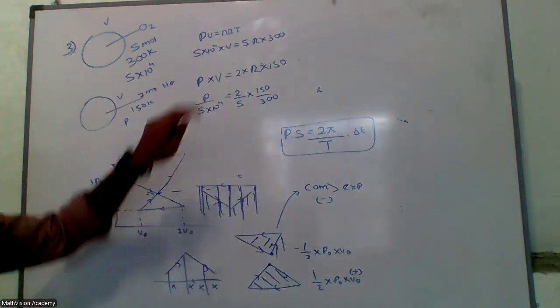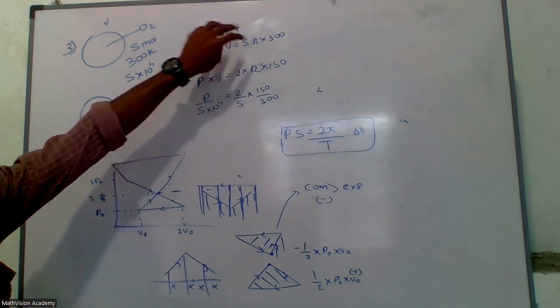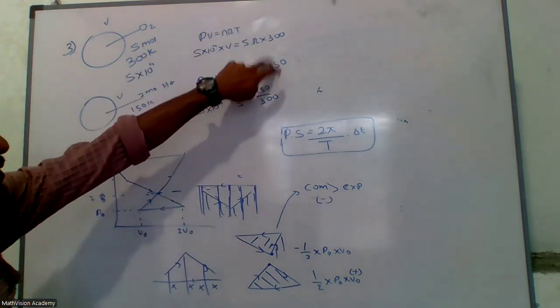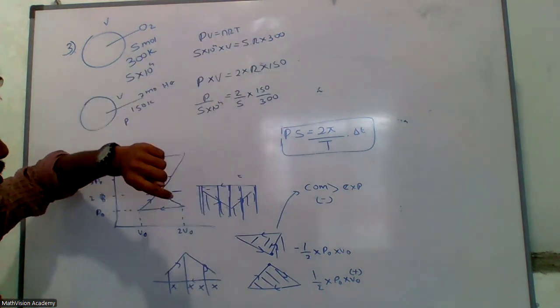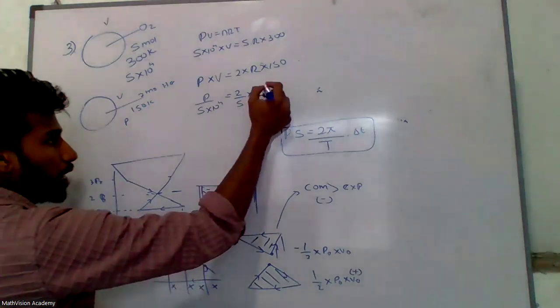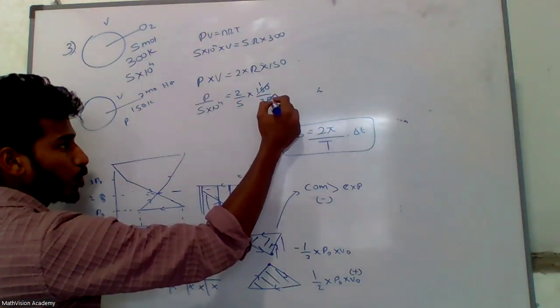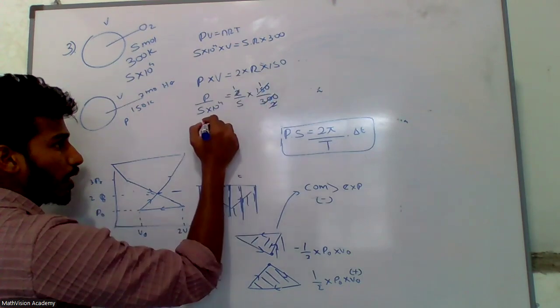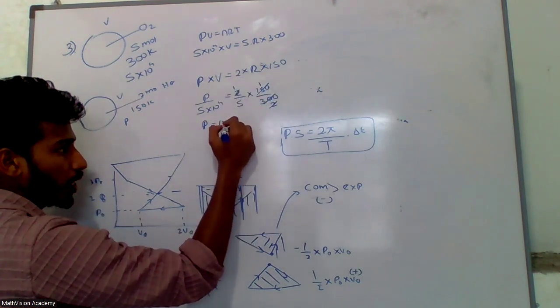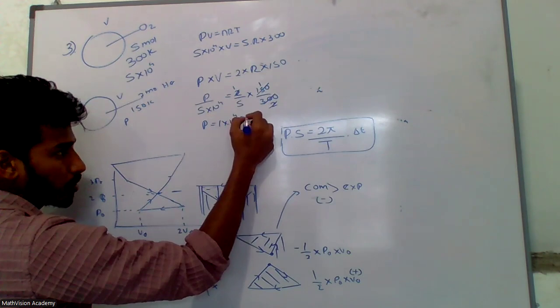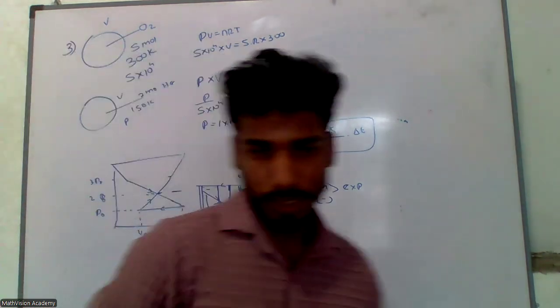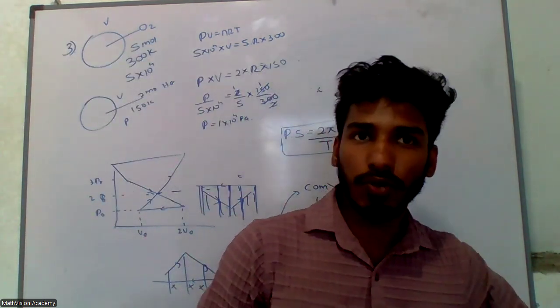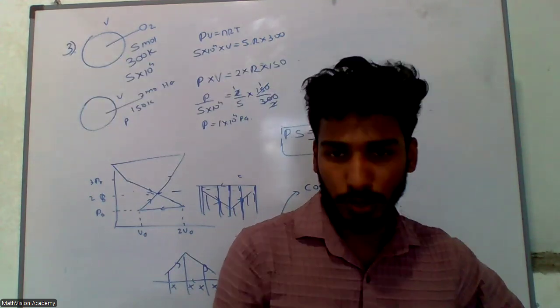Let's see whether my calculation is correct. R will anyways cancel, that's why I didn't write it. 150 over 300, 2 over 5, yeah. So we'll be having 1 over 2 times 2 over 5. So my answer for the pressure will be 1 into 10 to the power 4 Pascal. It's a simple question, but I want you to see another way of doing this question.